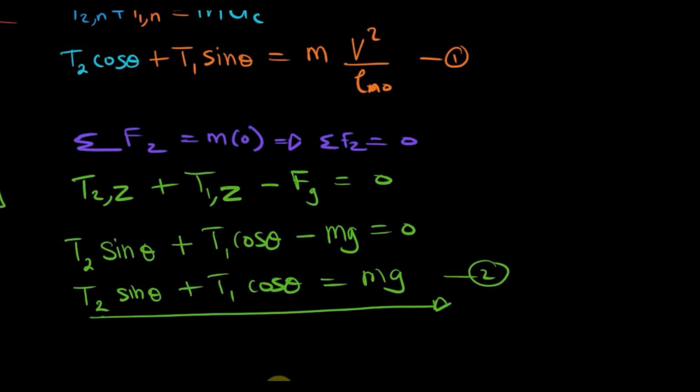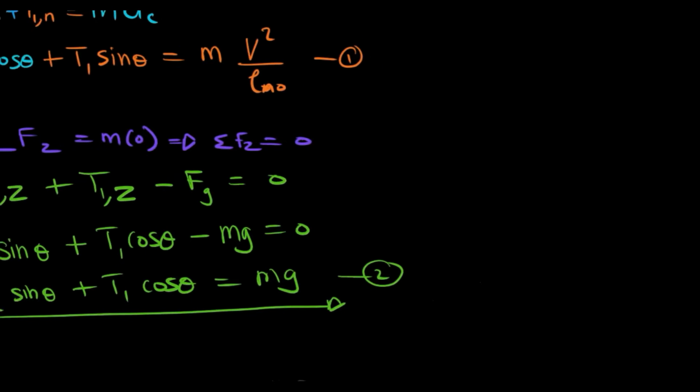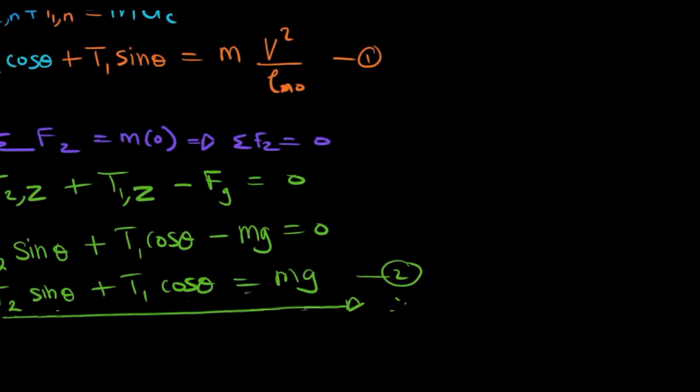We have T2 cos theta plus T1 sin theta is equal to mv squared over L AO. Let's do it here.